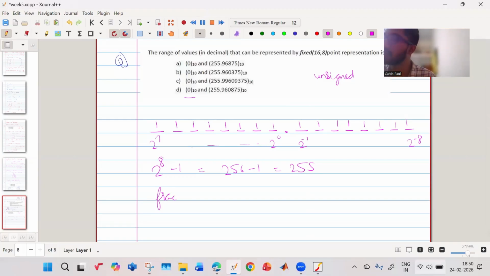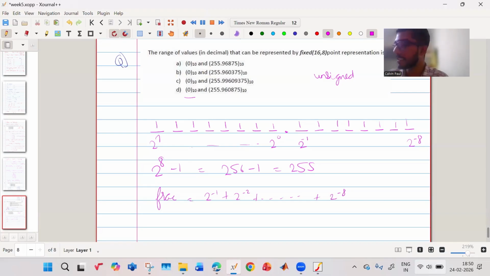What is the maximum value which it could go? If all are 1, it could be 2 to the power minus 1 plus 2 to the power minus 2, dot dot dot, till plus 2 to the power minus 8.